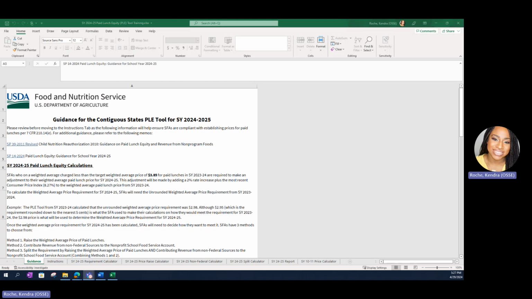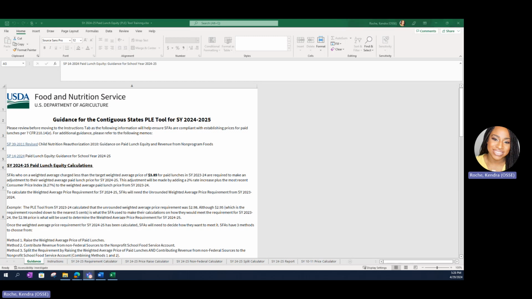For the 2024-25 school year, SFAs, which on a weighted average charged less than $3.85 for paid lunch prices in the 2023-24 school year, are required to adjust their weighted average lunch price or add non-federal funds to the nonprofit school food service account. The PLE tool is provided to SFAs to ensure compliance with these regulations and to aid in determining paid lunch prices. This training will provide a walkthrough of the tool.